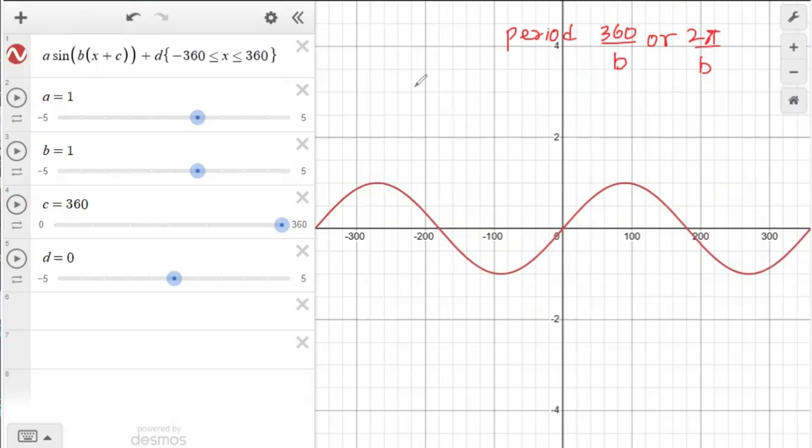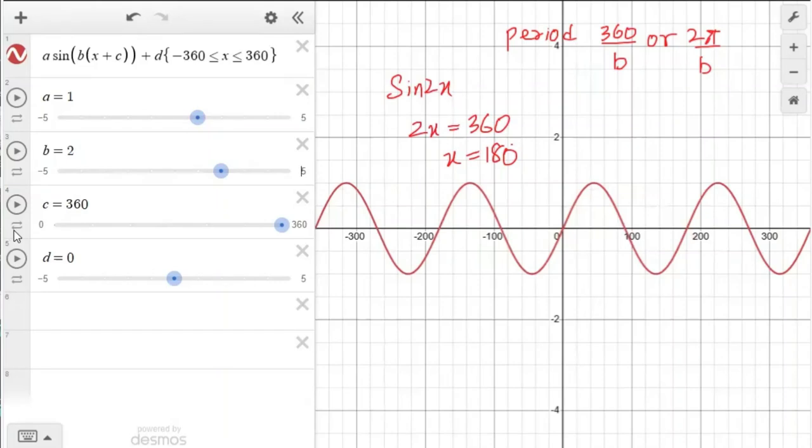For example, if I have sine 2x, what will be the period? 2x equals 360, and x is going to be 180. Let me show you: if I make it double, its period is now 180. It's completing one oscillation in 180. So you get the idea.